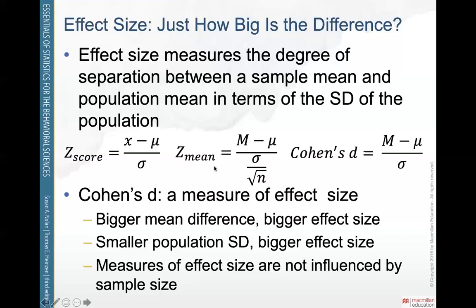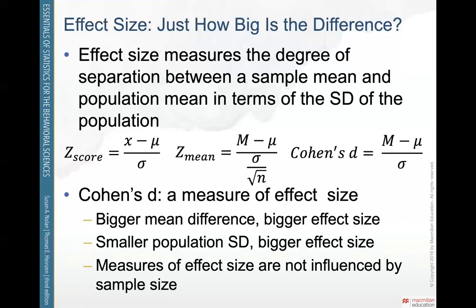When we're doing a Z-mean, you'll notice that this number right here is now an M. It changed from an X to an M. This is if you're taking a random sample of like 5 scores out of a population, you add them together, divide by 5, and you create the average.